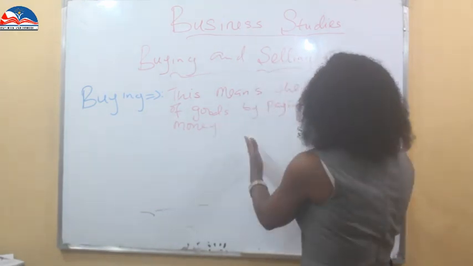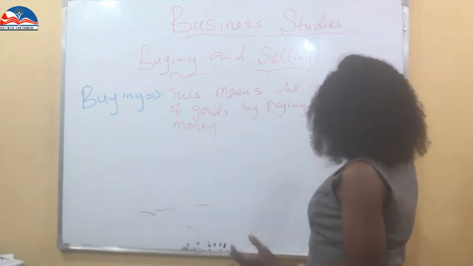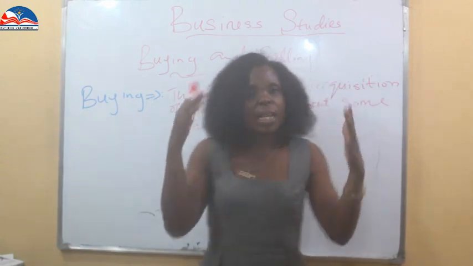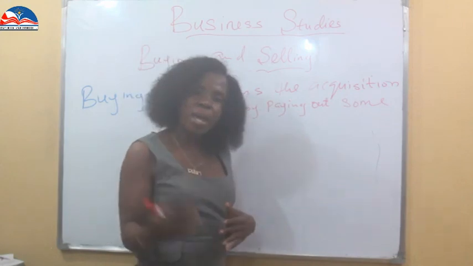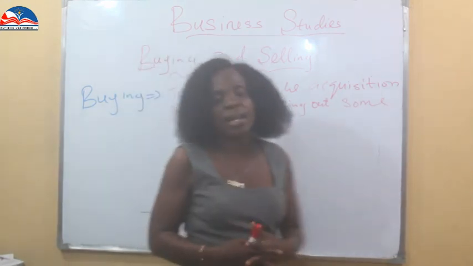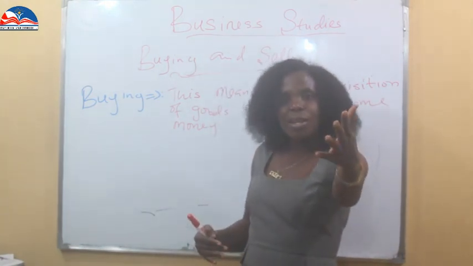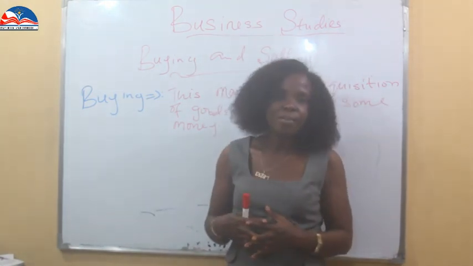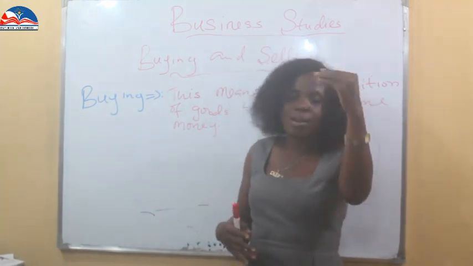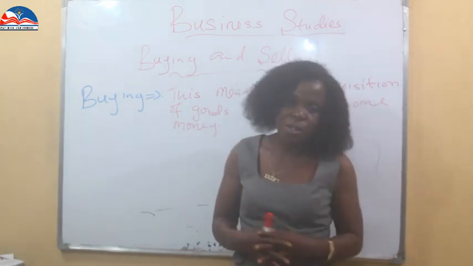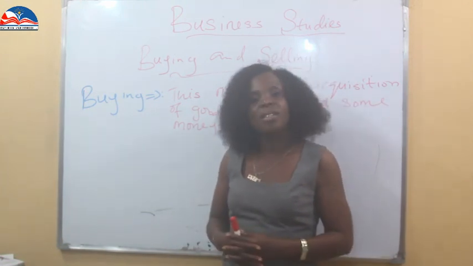And so if we look at buying as the means of acquisition of goods by paying out some money, it implies that selling means the giving out of goods to receive money. You give out your goods, you give out your services to receive a reward or to receive money. That's just buying and selling.